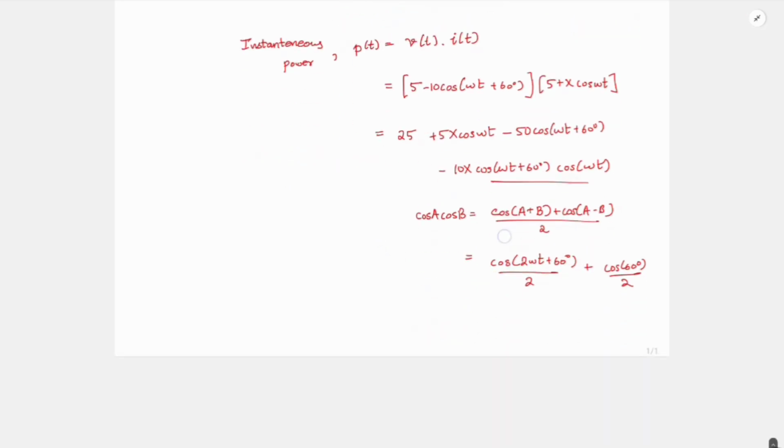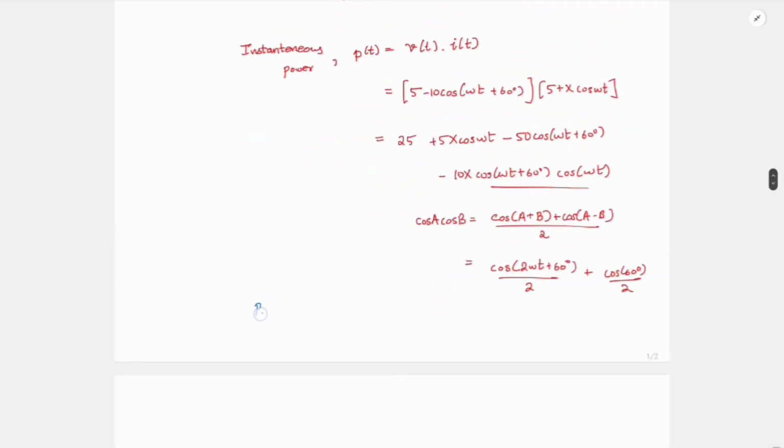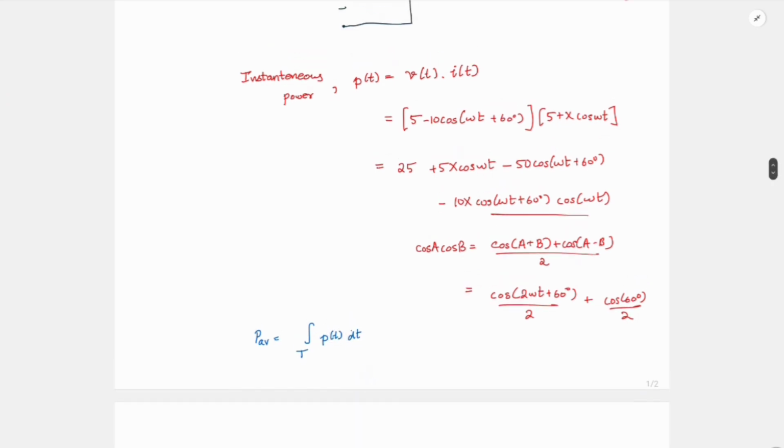Now for average power, P average is the integral of P of t dt over one time period, right? If you observe cos omega t over one time period, 0 to T, the average value is going to be equal to 0. So the average of cos omega t is equal to 0.